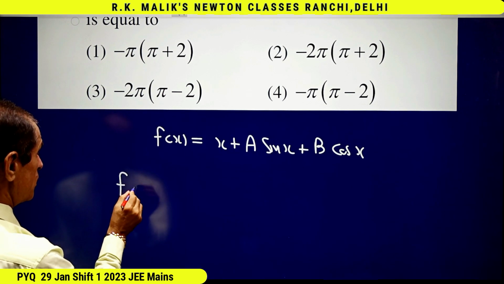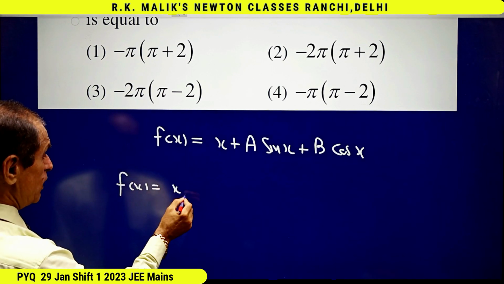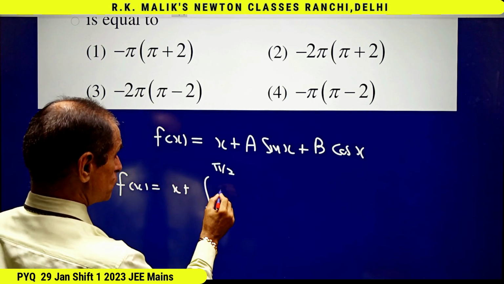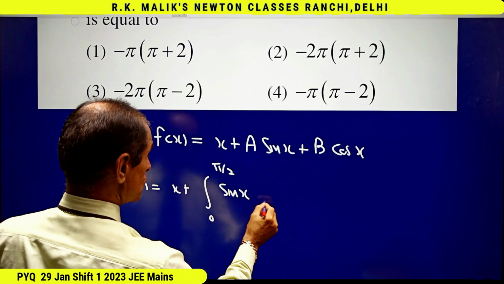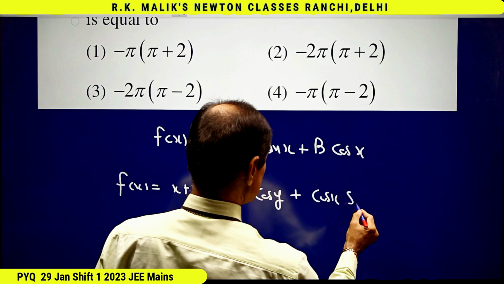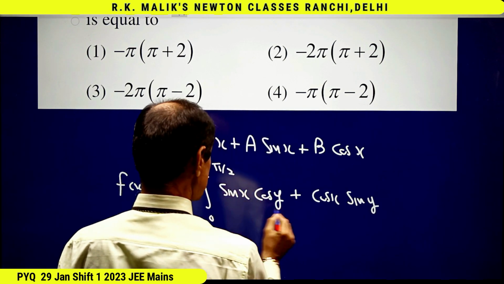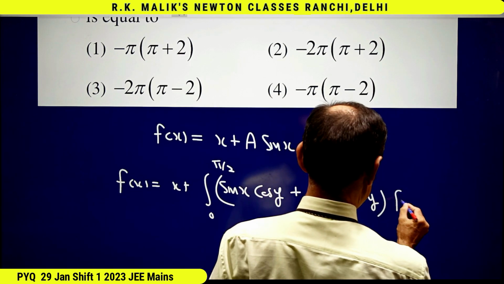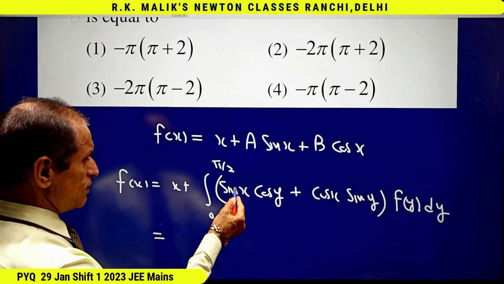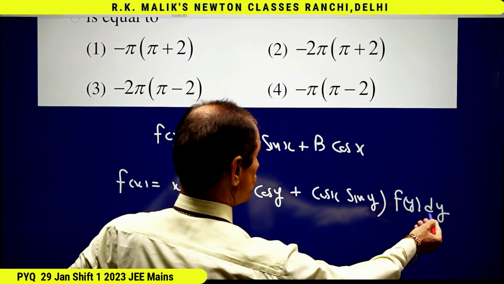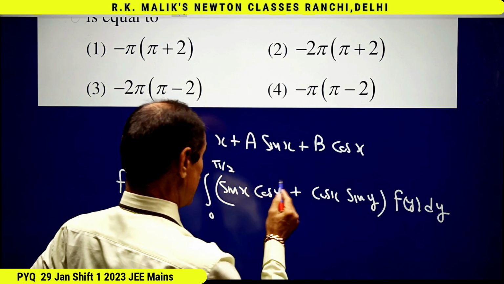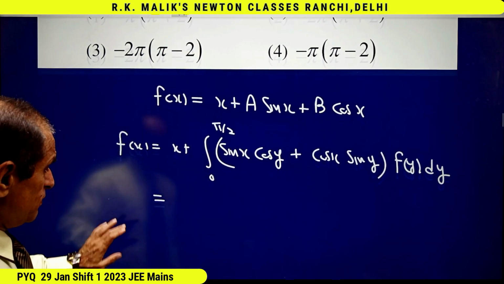I'll get f(x) is equal to x plus integral 0 to pi by 2 of [sin x cos y plus cos x sin y] into f(y) dy. Note that in this integral the variable is y. For this integral x will be taken as constant.